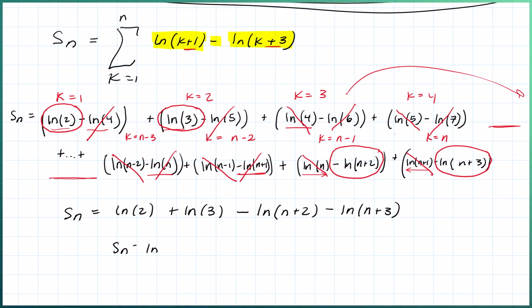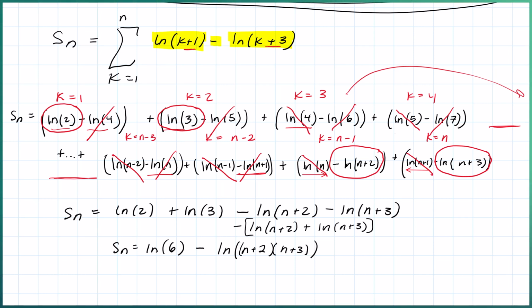This becomes the natural log of 6, and then we have minus the natural log, this is actually minus the natural log of n plus 2 times, pull the minus all the way out, n plus 2 plus the natural log of n plus 3. So then we can pull those together. This is the natural log of n plus 2 times n plus 3, all inside of a natural log.